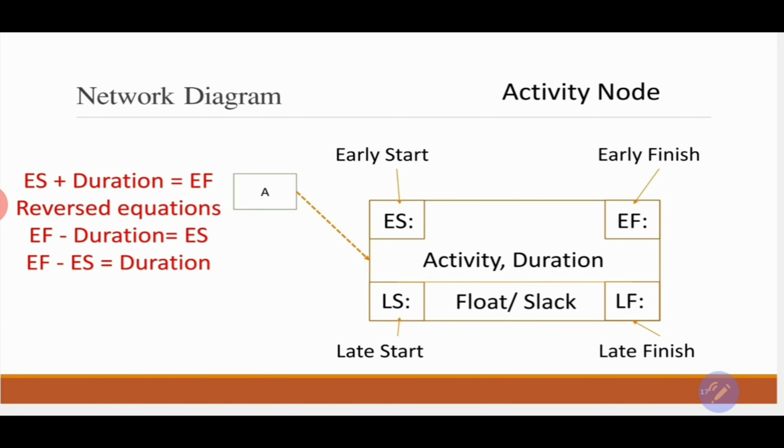And the early finish minus the early start will give me the duration, and that's just simple math. If you remember one of these equations, the other equations are just reversible, so you don't need to remember them. It's enough to remember just one equation, which is that the early start plus the duration will give me the early finish.